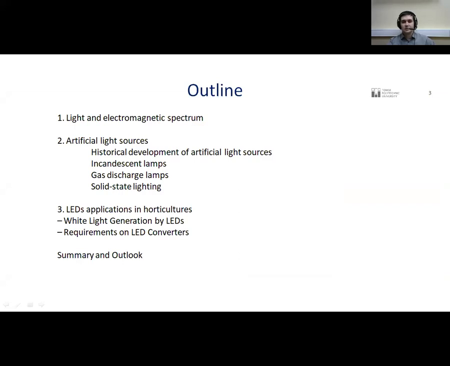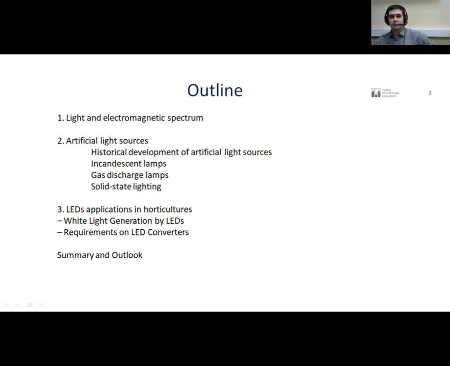Next we will discuss artificial light sources for horticulture applications. Especially we consider the legacy group of light sources like incandescent and gas discharge lamps, and modern light sources like LED lamps and so on.